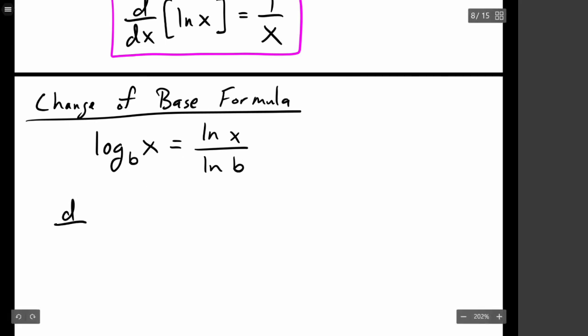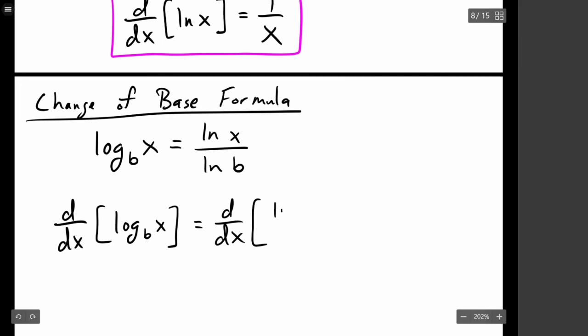But using this, we can answer the question, well, what is the derivative of the more general logarithm? Well, this is d dx of ln x over ln of b. And I want to emphasize, ln of b is just a constant, so we can factor that out, times the derivative of ln of x.